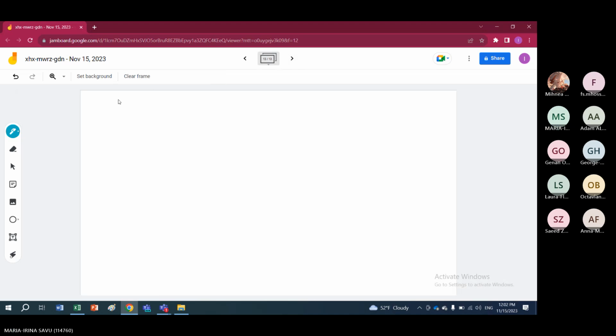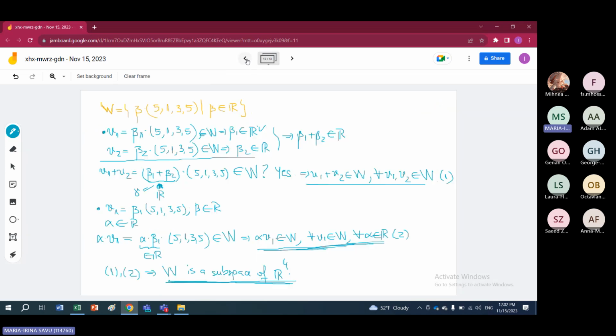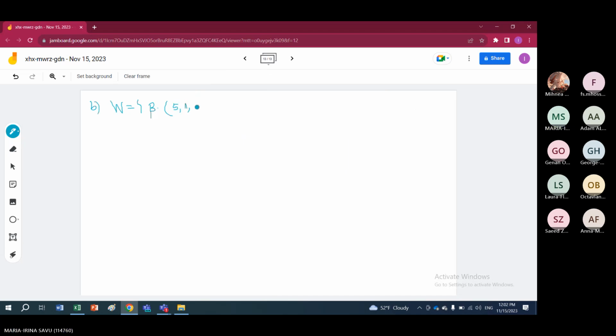Okay, for B, I'm writing again that W is the space of all the vectors having this form (5, 1, 3, 5), with beta in R. What could you extract from here, from this form?